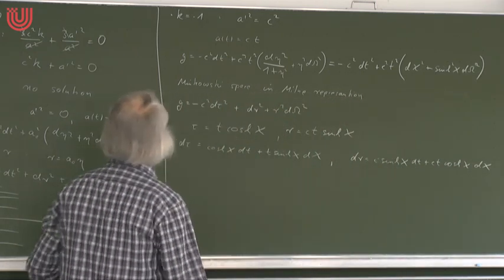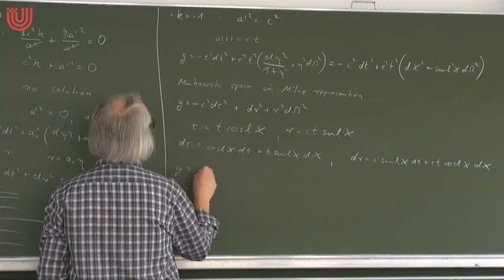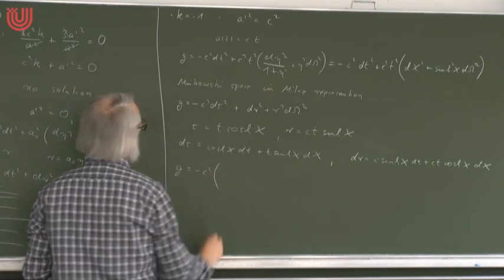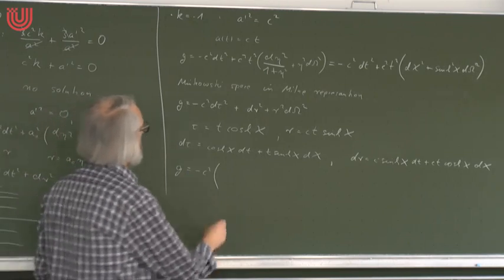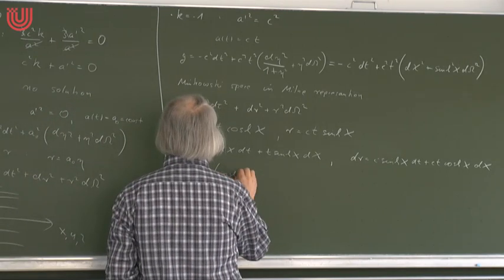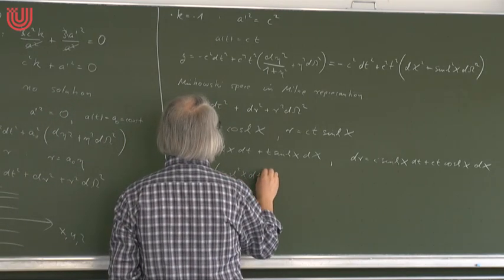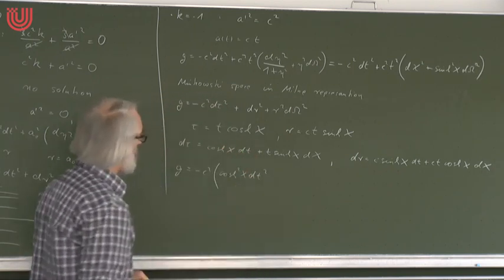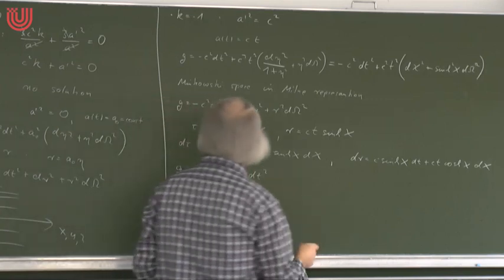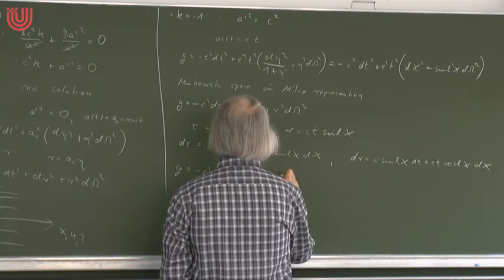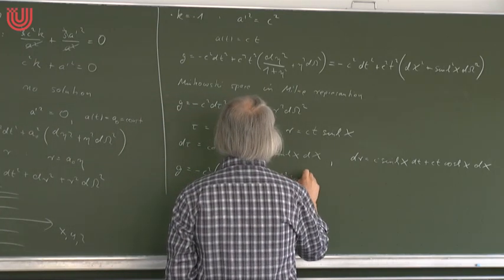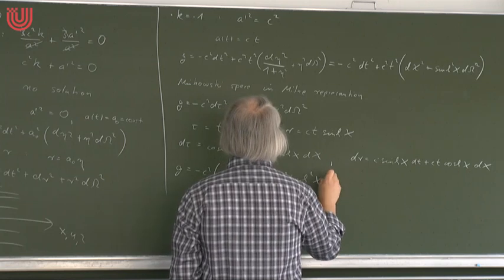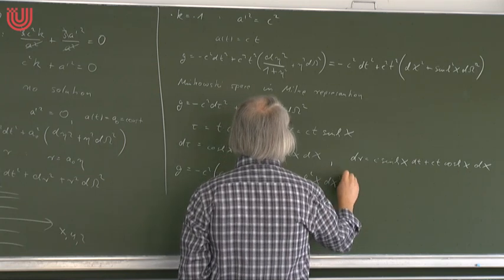And now let's insert this into the metric. So then I get minus c squared, this here squared. This here squared is cosh squared chi dt squared. Then plus the mixed term. I don't write the mixed term, but please keep it in mind that there is a mixed term. Plus t squared sinh squared chi d chi squared.